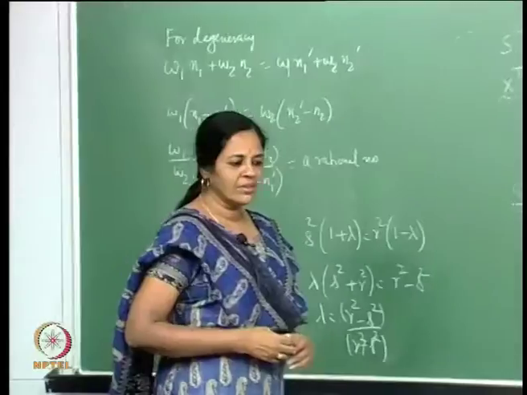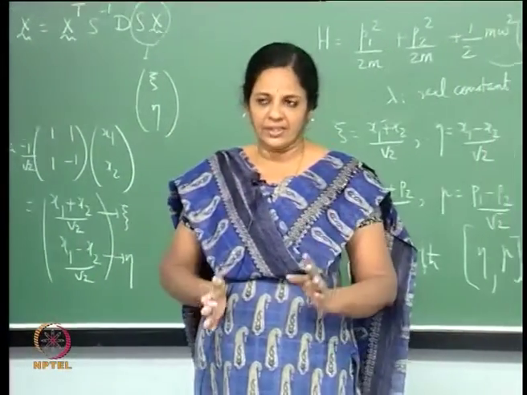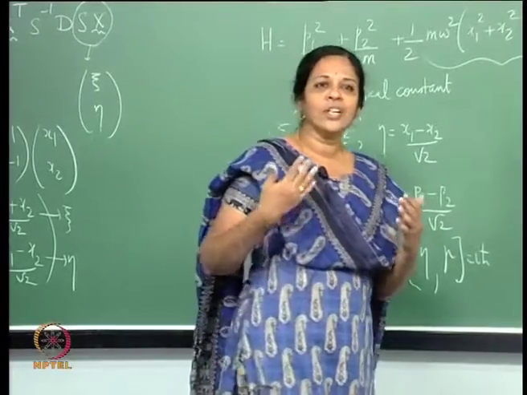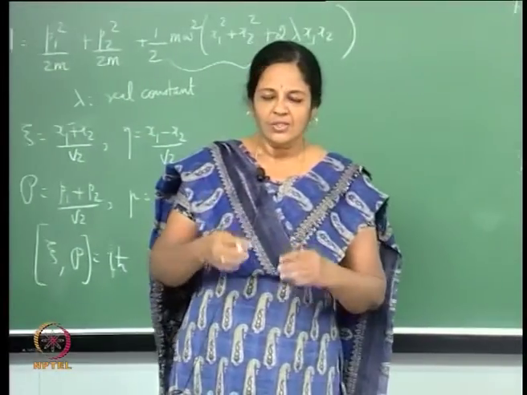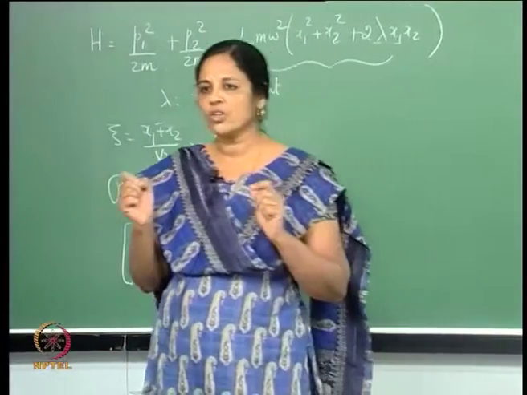So, if there is a degeneracy, and you can see that the degeneracy is not generally there, it is there only if omega 1 by omega 2 is a rational number. So, those are very, very specific ratios that we are talking about.